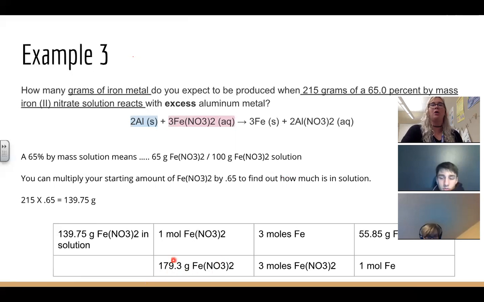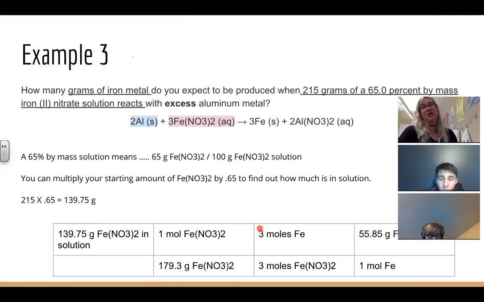Well, we would add up all of these things. We would add up iron, which is pretty heavy, 55.845. Nitrogen, which is 14. We need 2 nitrogens, right? Because there's 2 nitrate molecules. And then we need 6 oxygens, which oxygen is 16.